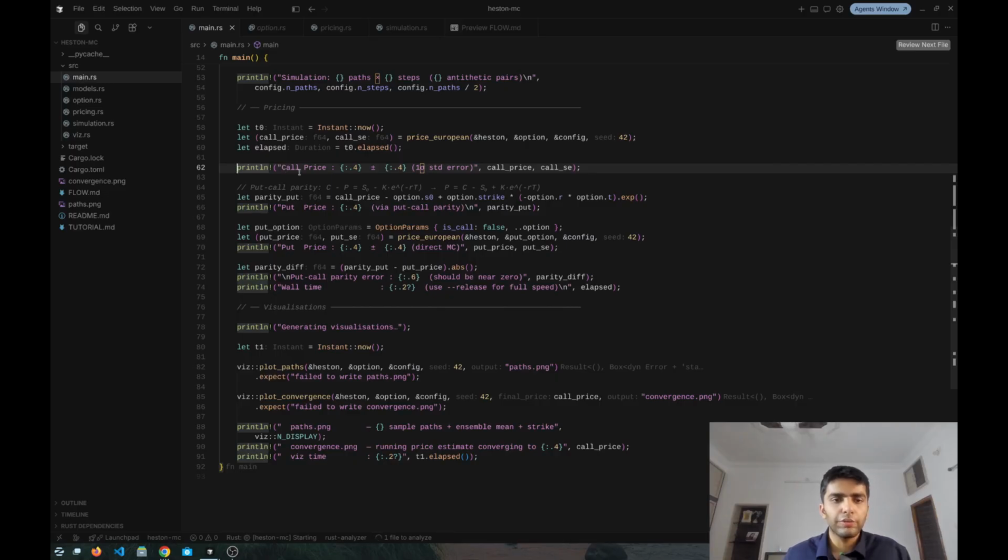To verify that, there is something called put call parity, which says that if a call and a put have the same strike and the same time to expiry, then they have a relationship between them which is given by this formula.